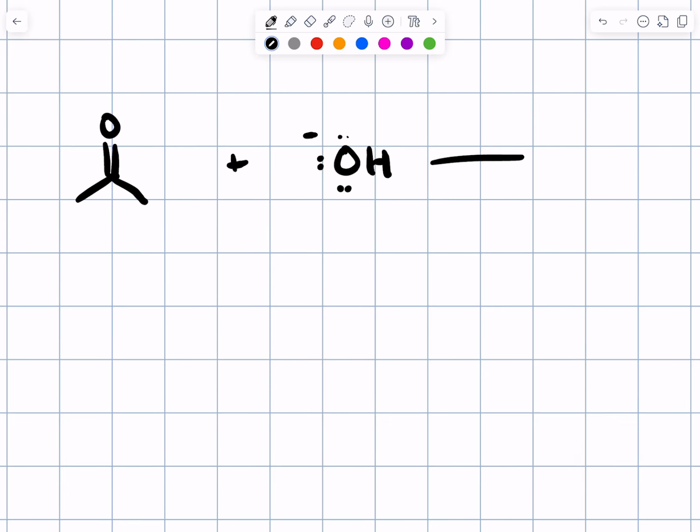So what do we expect is going to happen here? Whenever I have something like this, my first thought is to find out what the HOMO is and what the LUMO is. So let's take 60 seconds, talk with your neighbor. What is the HOMO and what is the LUMO of both of these molecules?